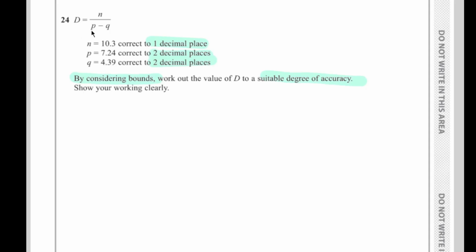Let's move on to the equation later. Let's learn how to get the upper and lower bound of these three individual measurements. This measurement, N, is measured correct to 1 decimal place. You have to underline the 1 decimal place and get its place value. The place value of the first decimal place is 0.1, and you always divide it by 2. Then it becomes 0.05.